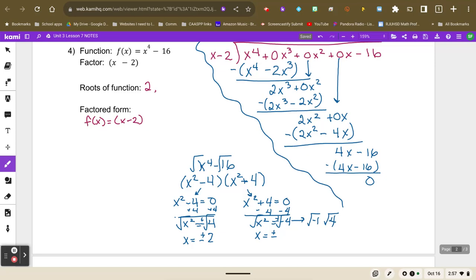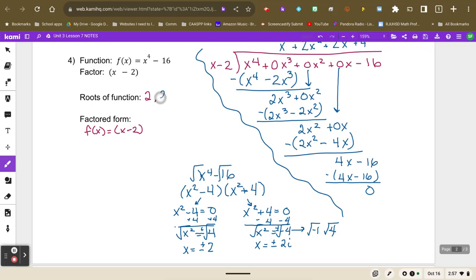The square root of negative 1 is i, and the square root of 4 is 2, so 2i. So we can rewrite this. We know it's going to be crossing at 2, negative 2, 2i, and negative 2i.